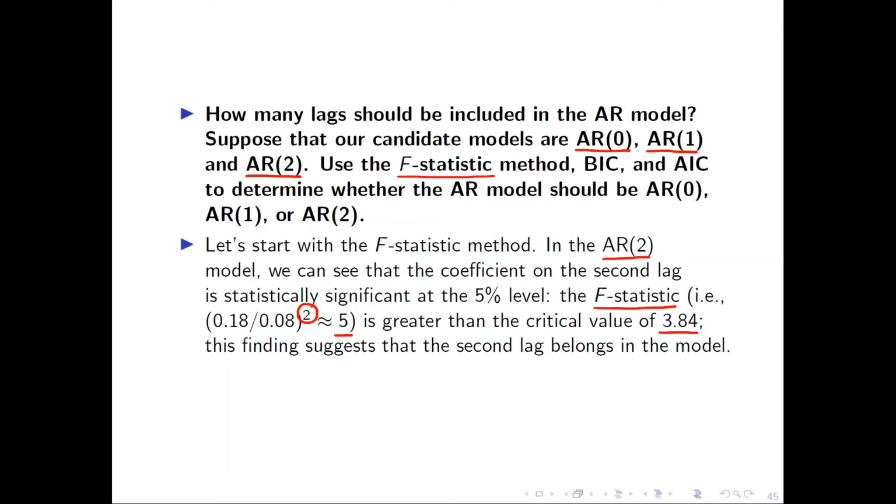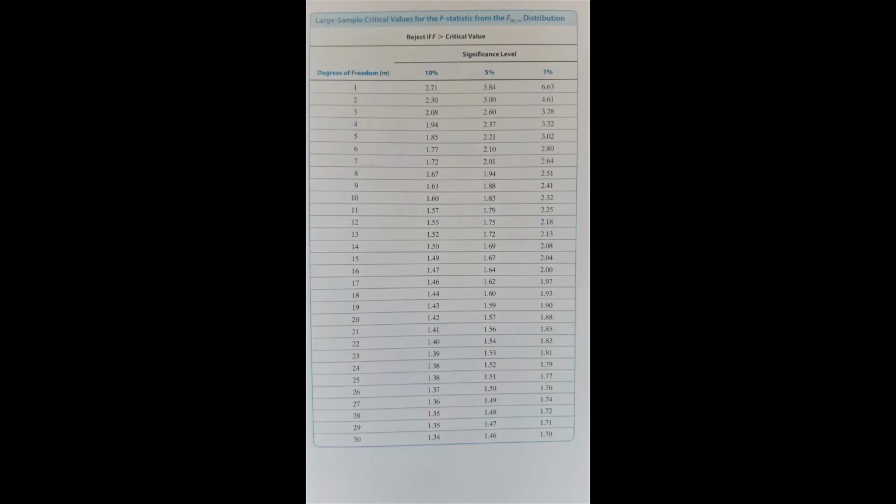The question here is, where do you find the critical value for the F statistic? Well, if you have 120 more observations than you have parameters in your model, then you can use the F table with infinite degrees of freedom, and you have one parameter that you're testing, which is the last parameter in your model.